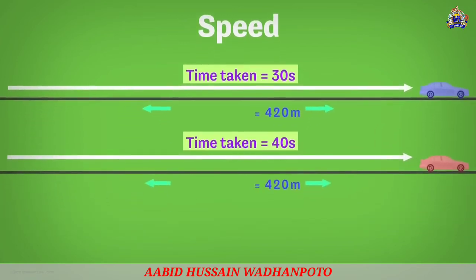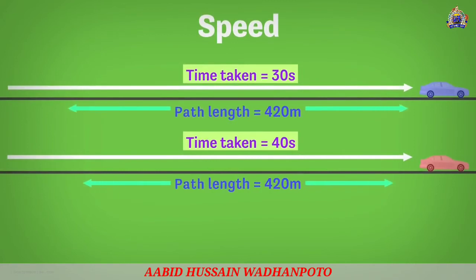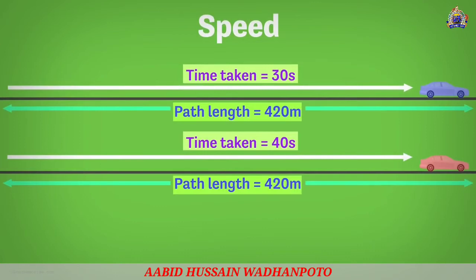Because we have a constant distance here, the path length between two objects, and there was only a difference in time. The path length is 420 meters, a particular distance for both objects.